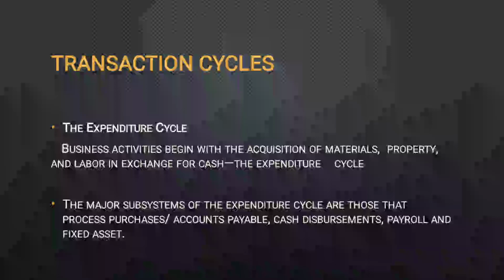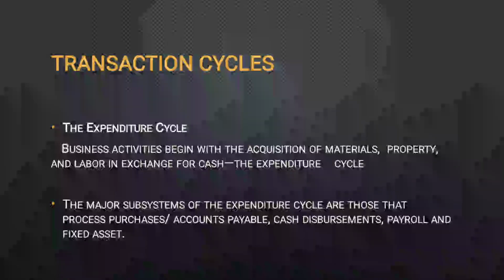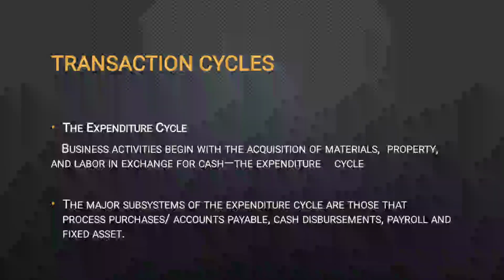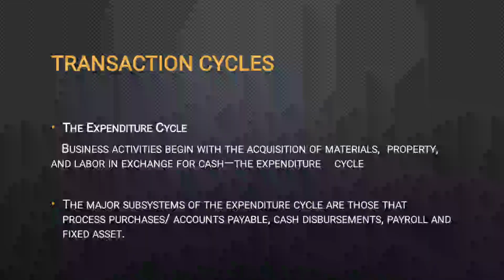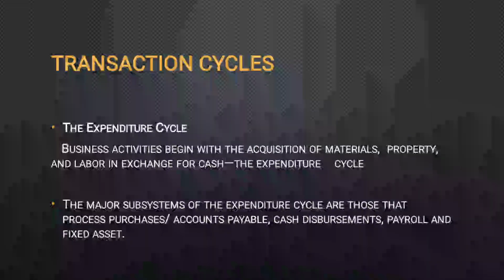So, ano nga ba yung transaction cycles? So, yung transaction cycles handle the financial transactions in the accounting process to deal with the voluminous load of transactions on a daily basis. These transactions are grouped together based on common shared characteristics into transaction cycles.